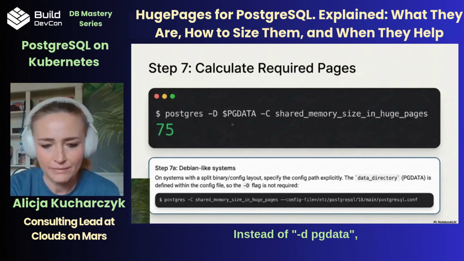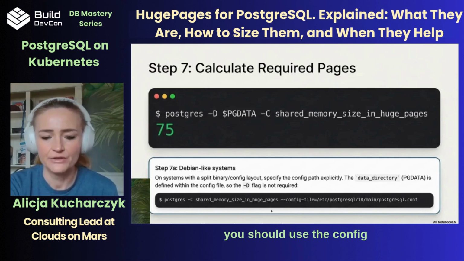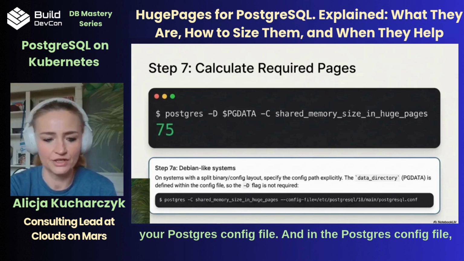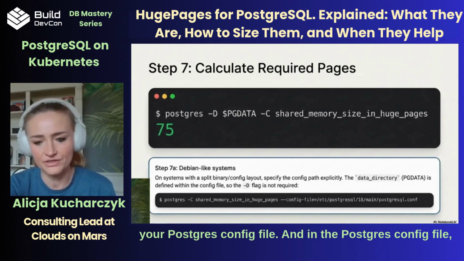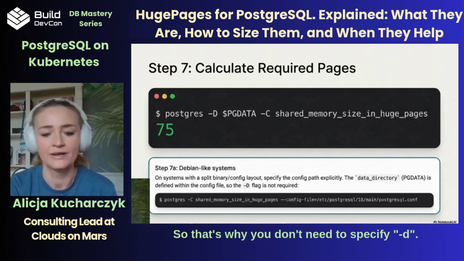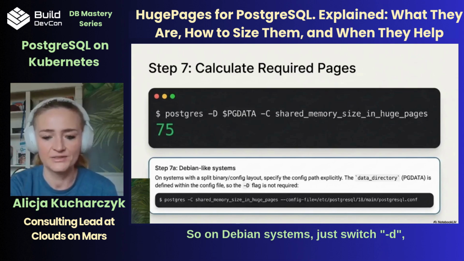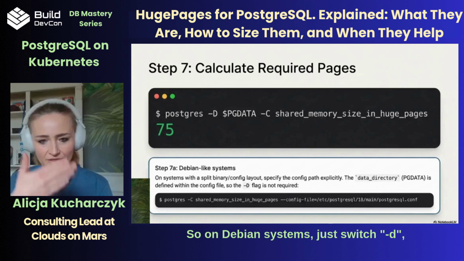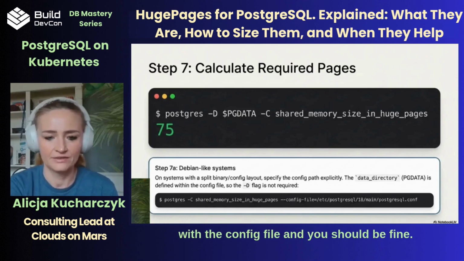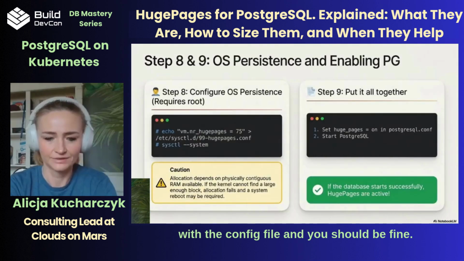Instead of -D PGDATA, you should use the config_file option and point to your postgresql.conf file. And in the postgresql.conf file, you will also have your data_directory location specified. So that's why you don't need to specify -D. So on Debian systems, just switch -D with config_file and you should be fine.